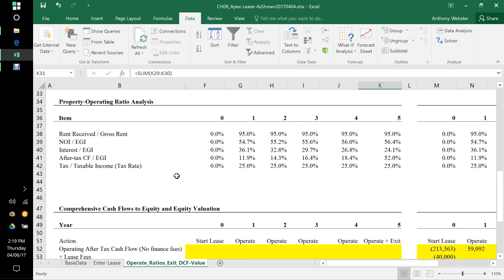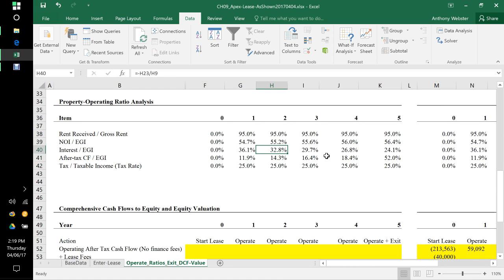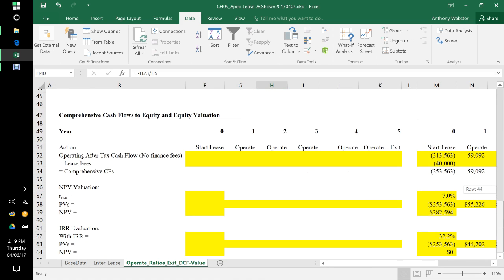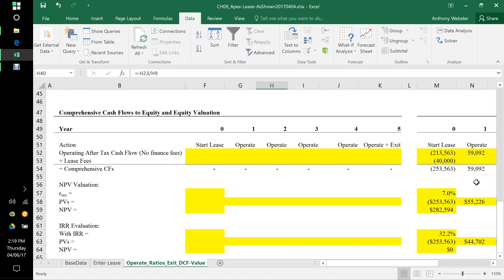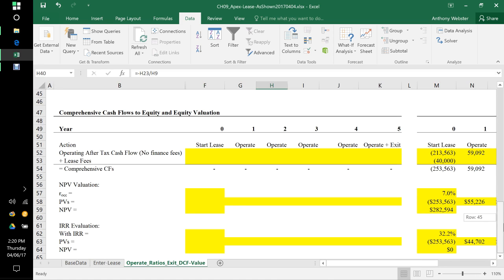The ratio analysis I'm not going to worry about here. It's essentially exactly the same as it was for the case of the mortgage. I'll let you look at that on your own. All the formulas are there if you want to look up anything.